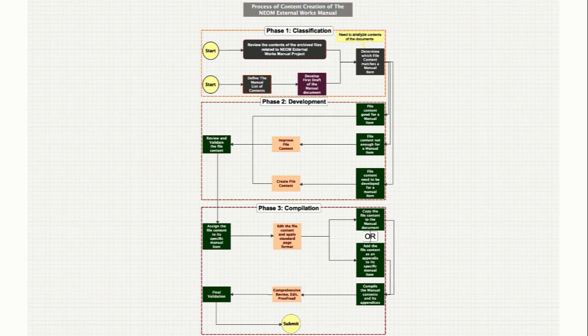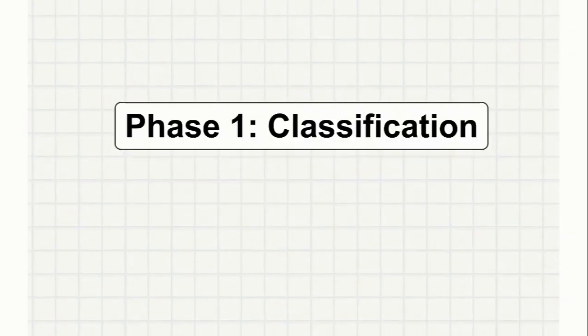One is the classification of documents. The second phase is for the development of the manual report contents. And the third phase is for the compilation of all developed contents. That's the first phase, where we have to identify all the contents required for the manual report.